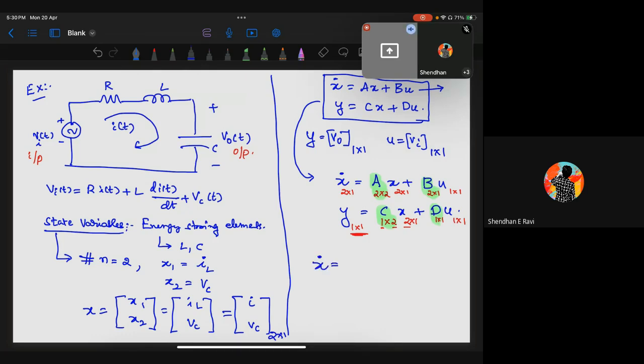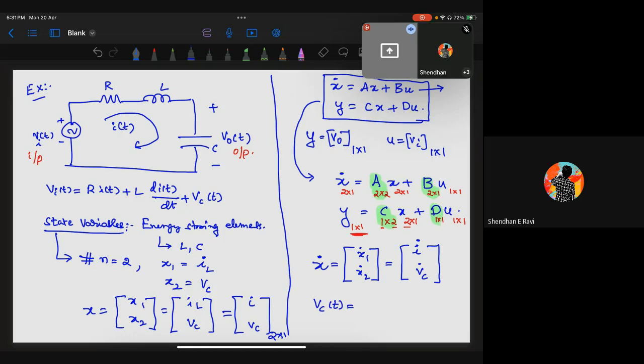X dot is nothing but x1 dot, x2 dot, which is nothing but i dot, vc dot. Am I correct? So we have to find i dot and vc dot. Can anyone tell me what is vc of t?